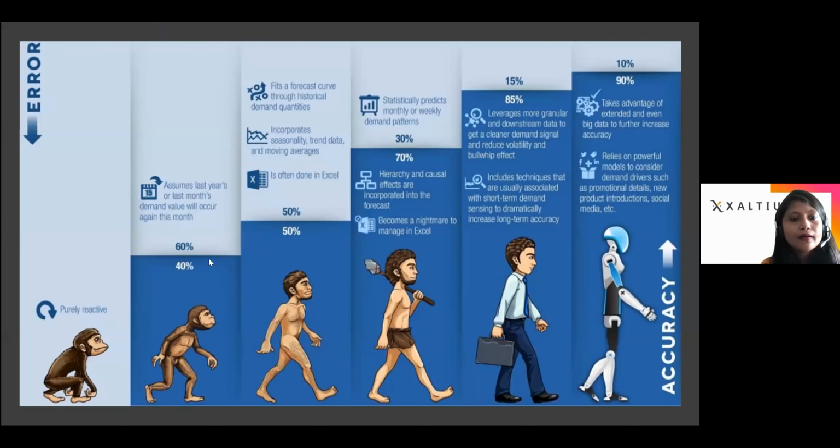So if we look at this slide, this slide shows the evolvement of digitalization and data analytics from the primitive digitalized era to where we are standing today. The primitive digitalized era, if you look, was purely reactive, which was prone to a lot of errors. So if you see the light blue shaded region, that's what measures the error.